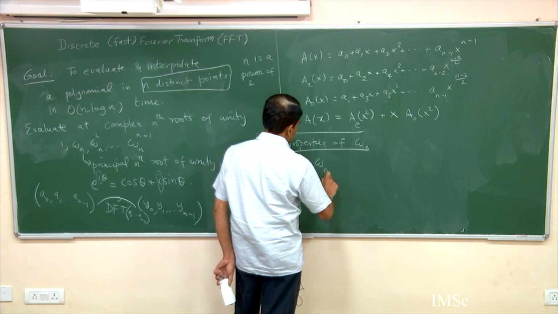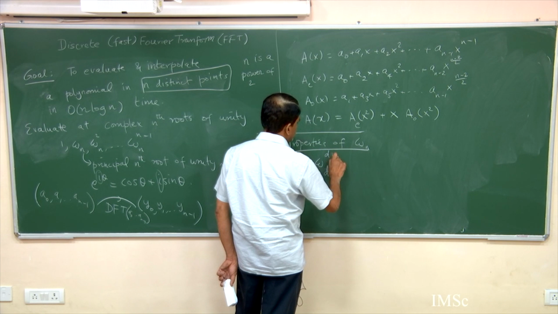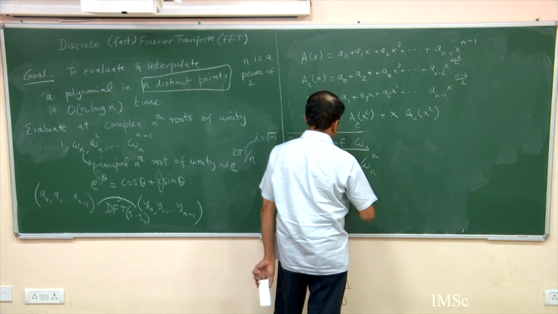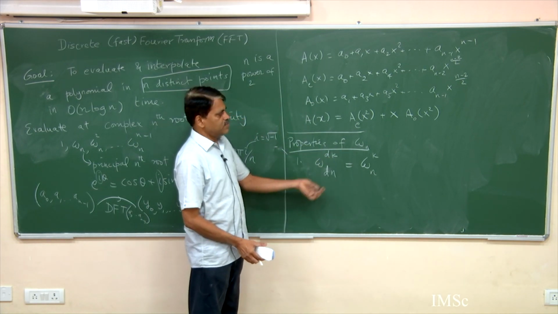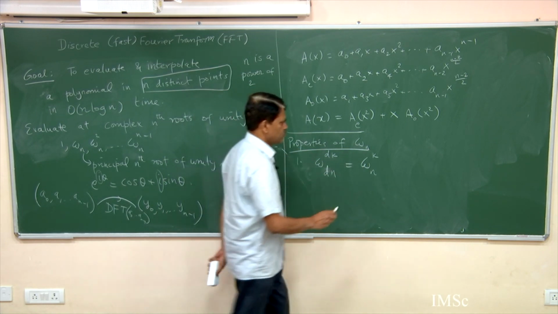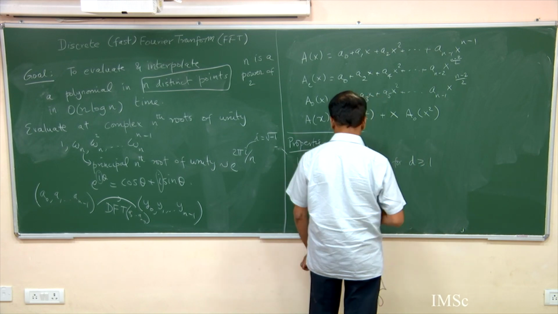Omega dn to the power dk is the same as omega n to the power k, that is, the dkth power of the dnth root of unity is the same as the kth power of the nth root of unity, for all d greater than or equal to 1.